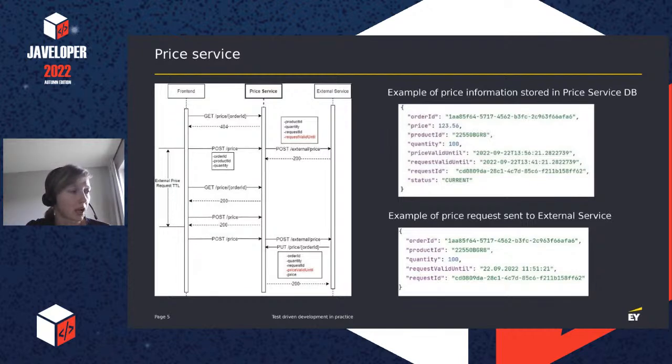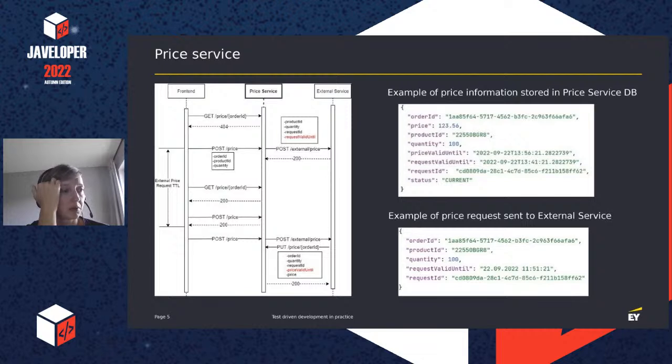Then, when we receive a new POST request from the front end until the request timeout has expired, as we can see on the sequence diagram, we don't send any external request. We just return information that the price was requested.